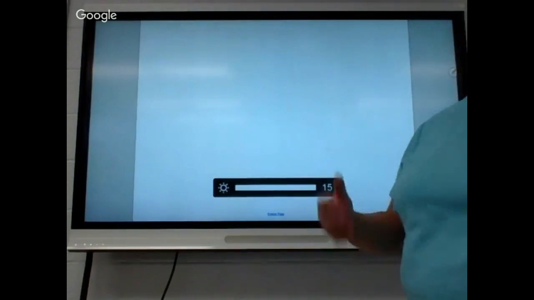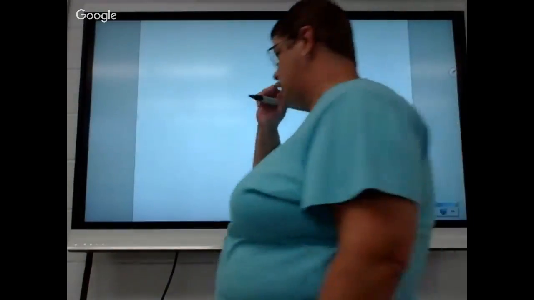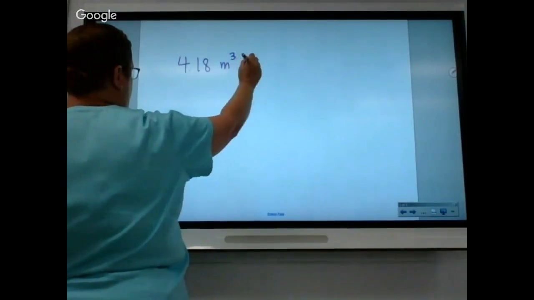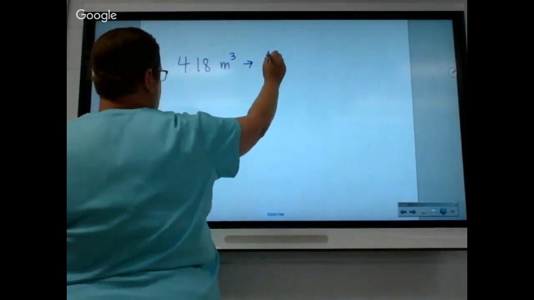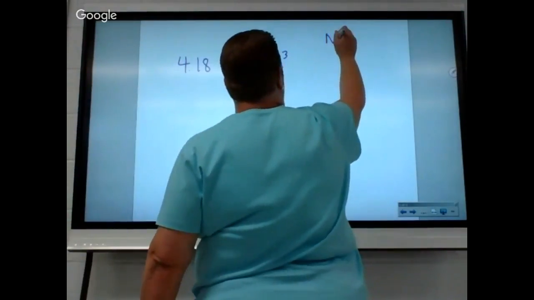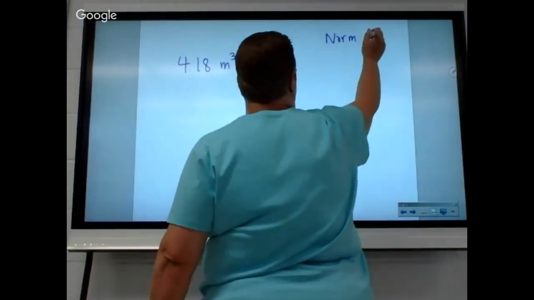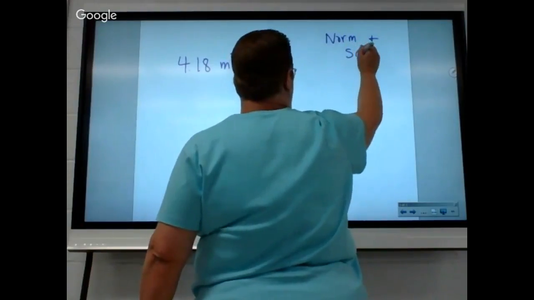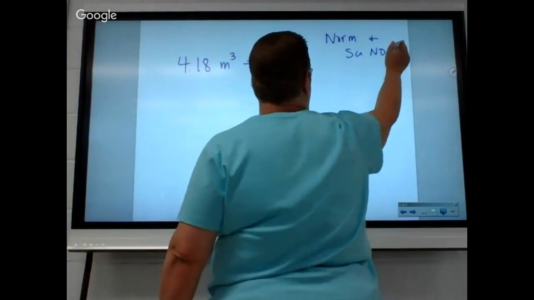All right, so let's say that tomorrow on the quiz you have 4.18 meters cubed, and I want you to change it to decimeters cubed. I want you to write the answer in normal, which is also called fixed decimal, and scientific notation.